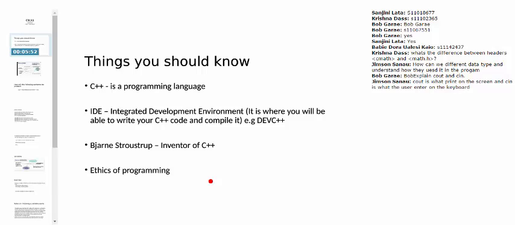For the C++ programming language, we need an IDE. There are also other IDEs, but for this one we'll be using Dev C++. The C++ programming language was invented by Bjarne Stroustrup.